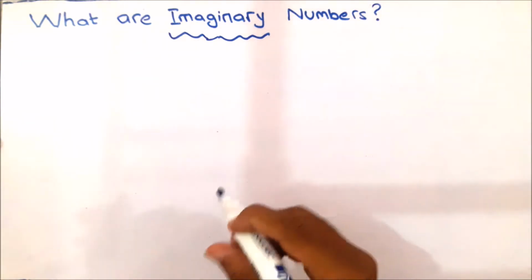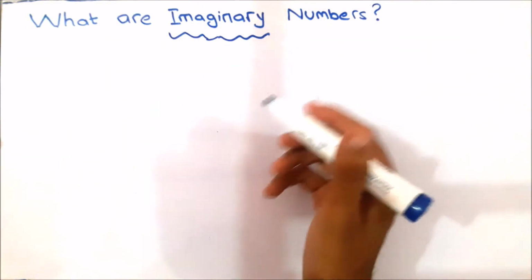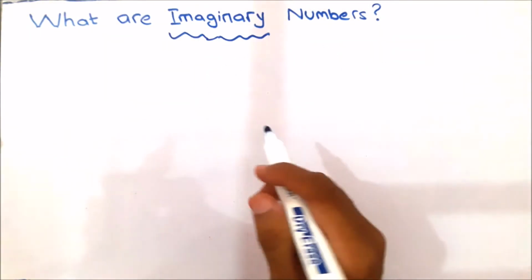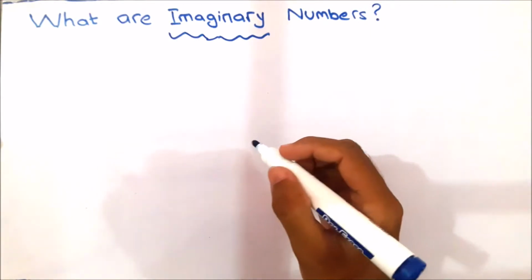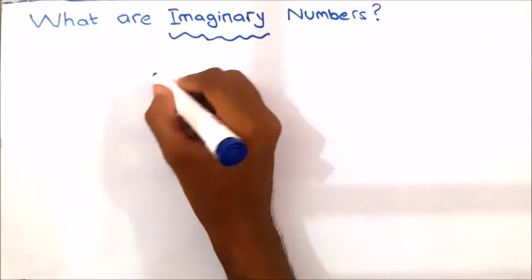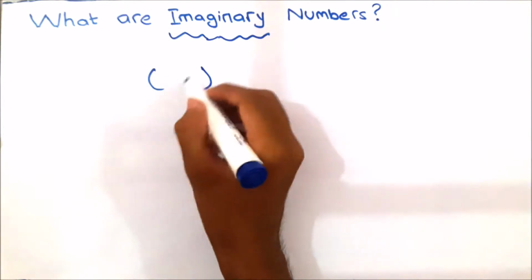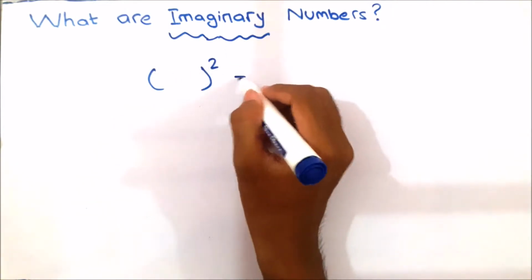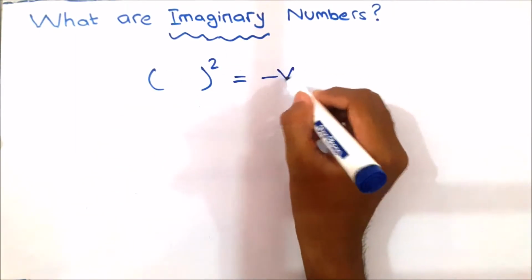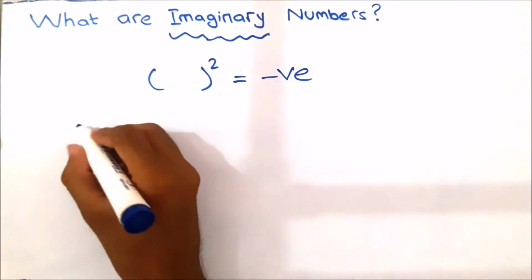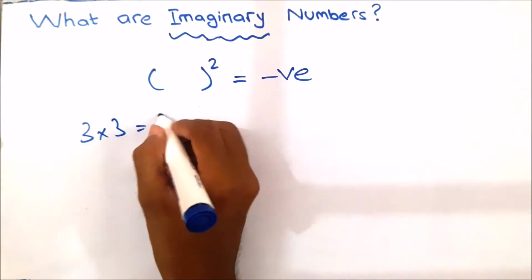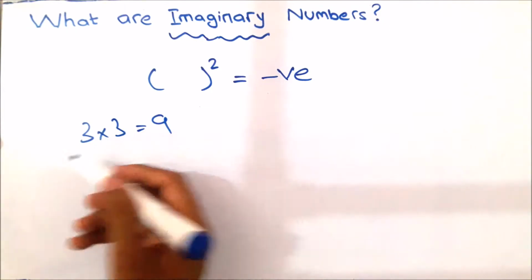Okay, when we discuss imaginary numbers, let's do some exercise. Tell me a number which, when squared, gives us a negative number. You can try any number, like 3 multiplied by 3 gives 9.